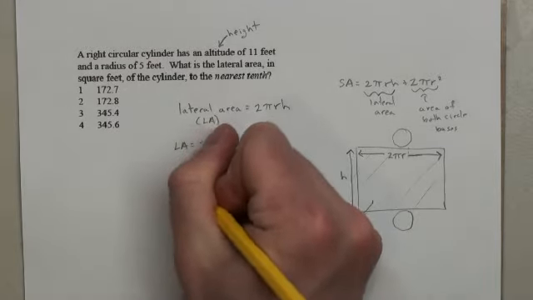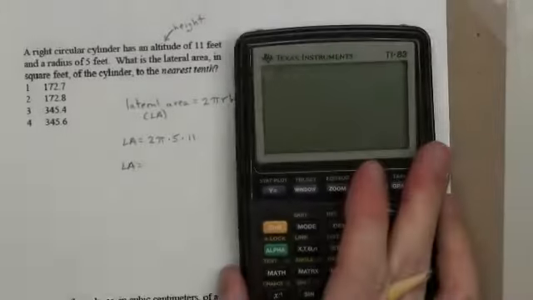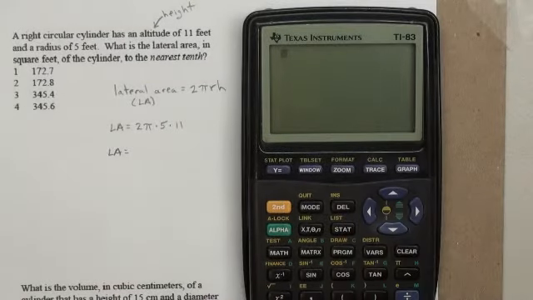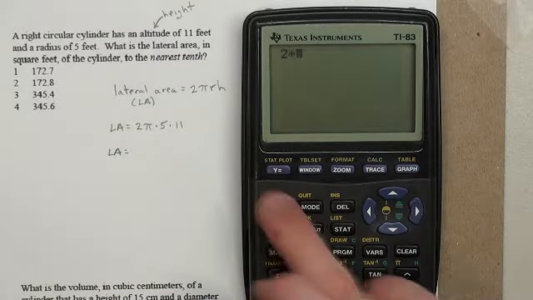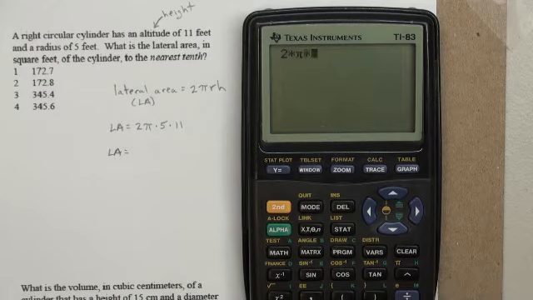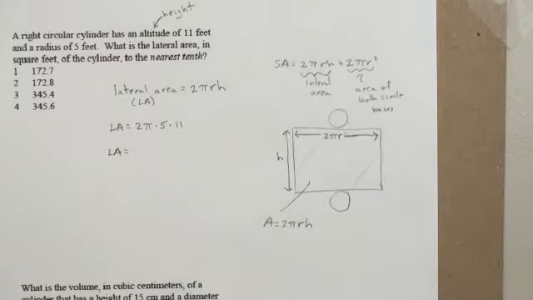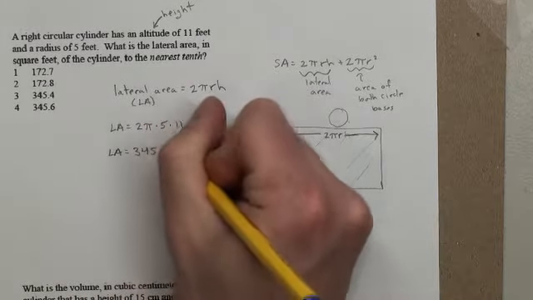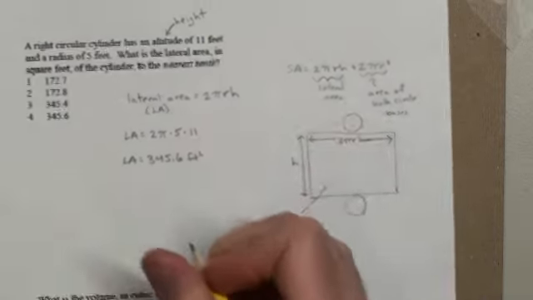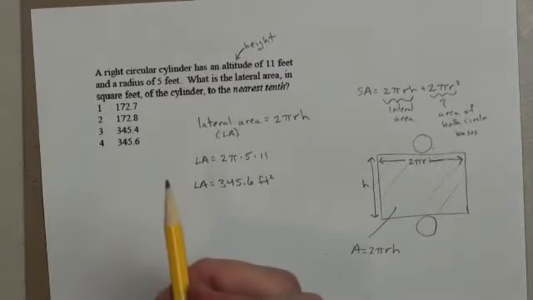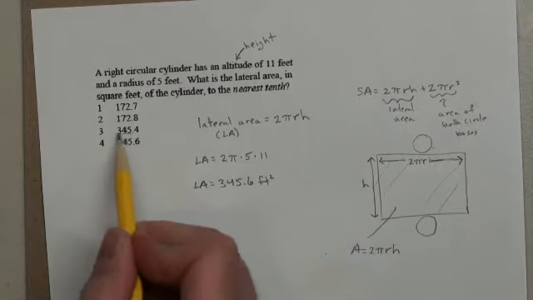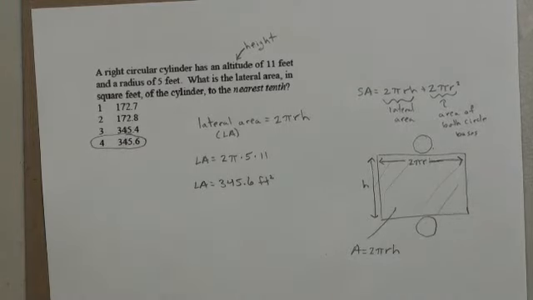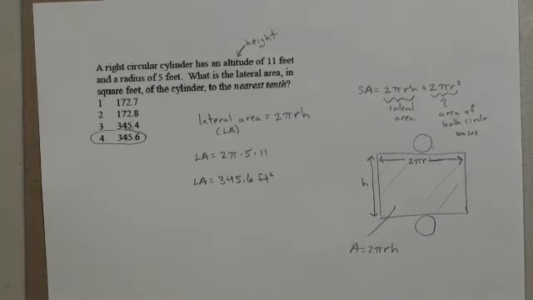So our lateral area, and then we're going to round to the nearest tenth. 2 times pi times 5 times 11 is 345.6. That's feet squared. Area is always squared. So that would be choice 4.